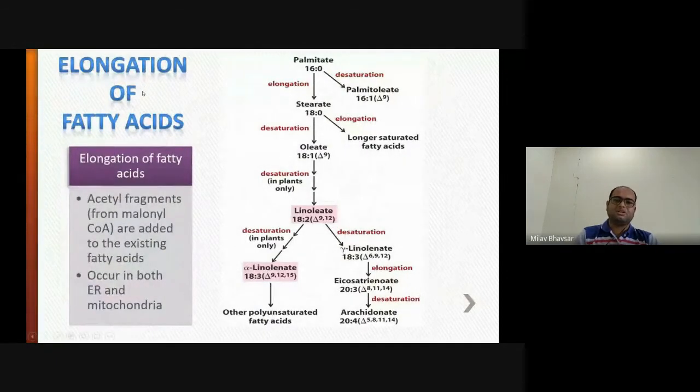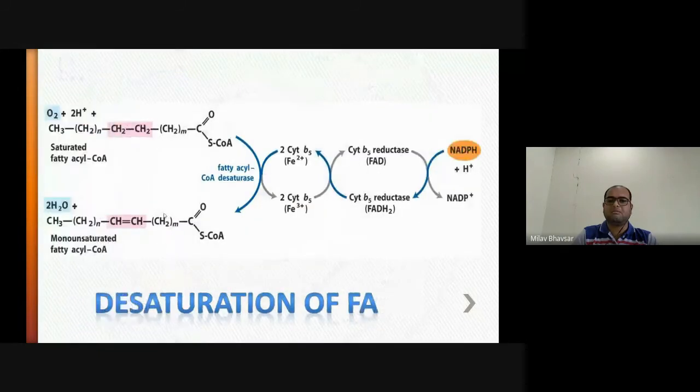Then comes the elongation part. We have generated only 16 carbon. What if we want to have an 18 carbon? Once we have a palmitate, it can go into stearate, so we again add different components to elongate the compound.